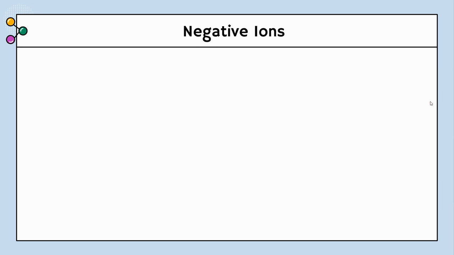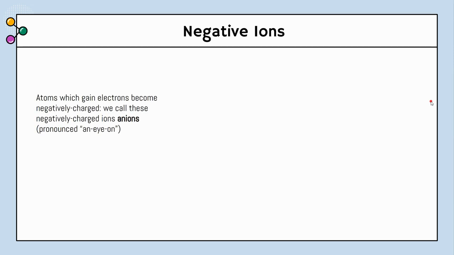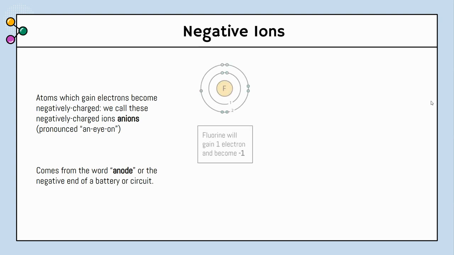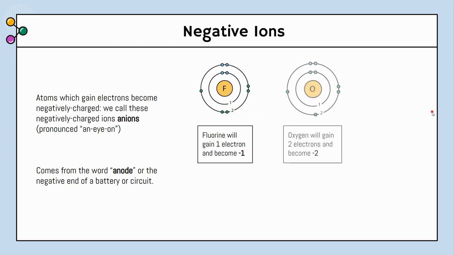On the other end of things are negative ions. We call it, when atoms gain electrons and become negatively charged, they have the name anions. This comes again from batteries, where the term anode comes from the negative end of a battery or circuit. So fluorine, as mentioned, has one spot open in its Bohr model. It's going to gain 1 electron and become -1.